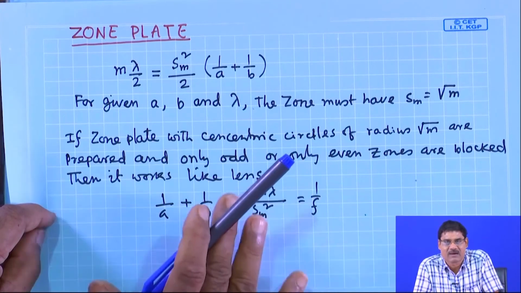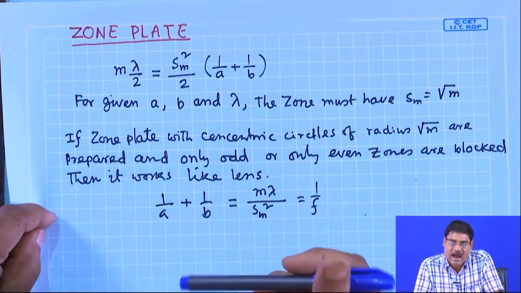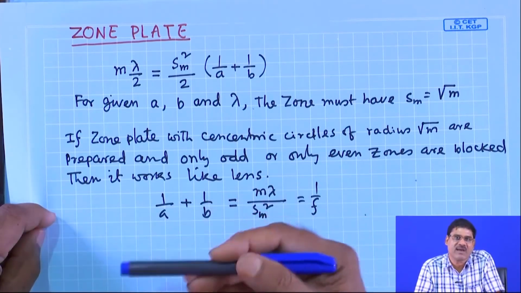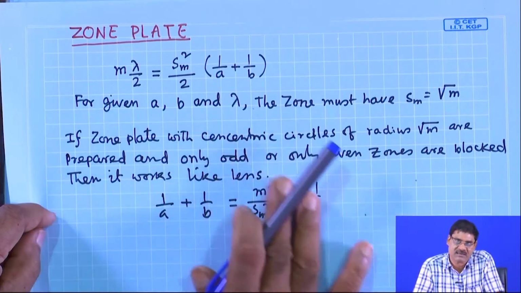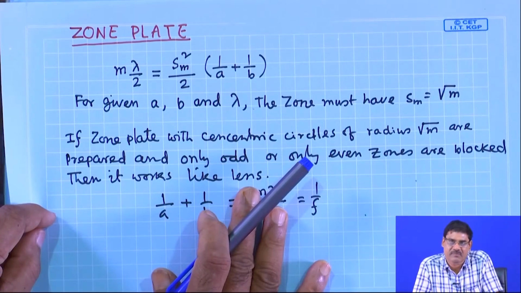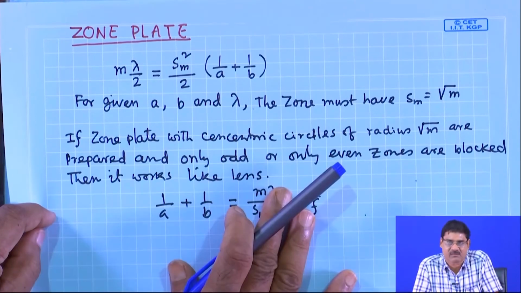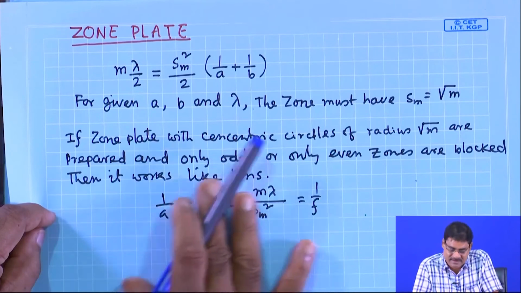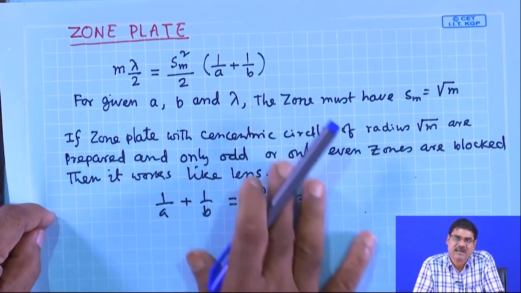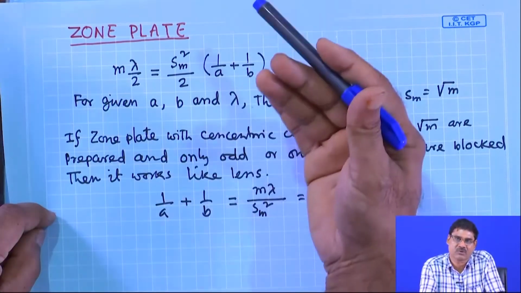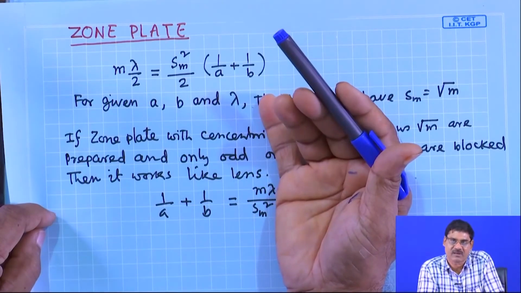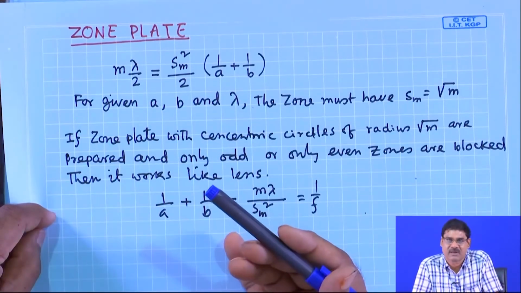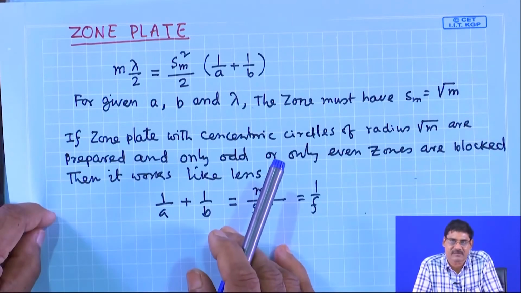Now, either the odd zones or the even zones you make opaque, using black ink, and the others are transparent.